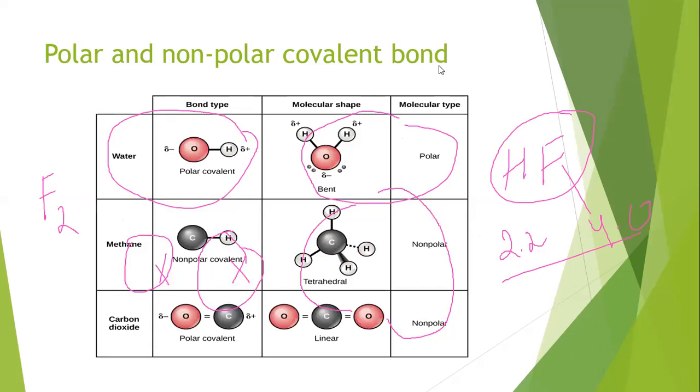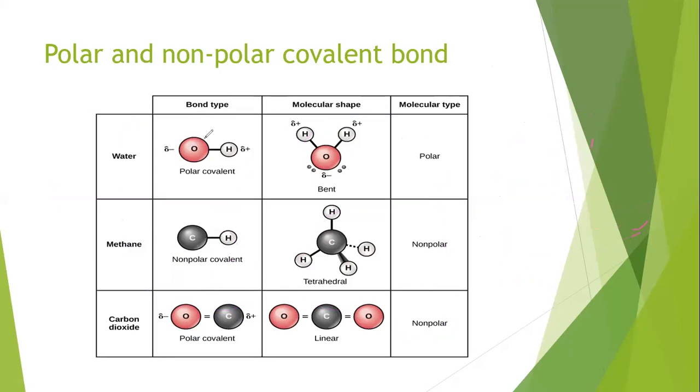Here you can see some examples of polar and non-polar molecules. When the bond is between oxygen and hydrogen, the molecule will be polar because there is an electronegativity difference. So here you can see the molecule of water, one atom of oxygen and two atoms of hydrogen making a molecule of water.